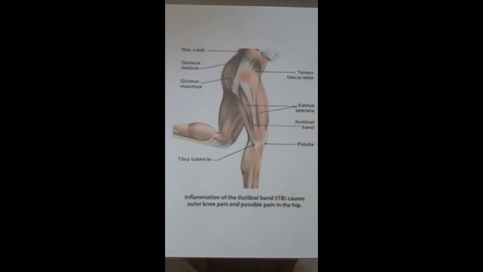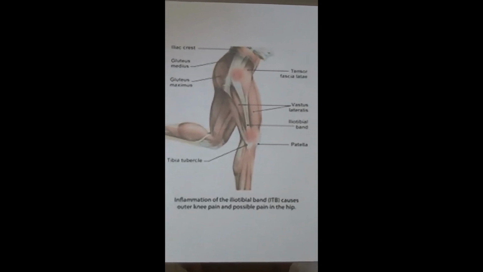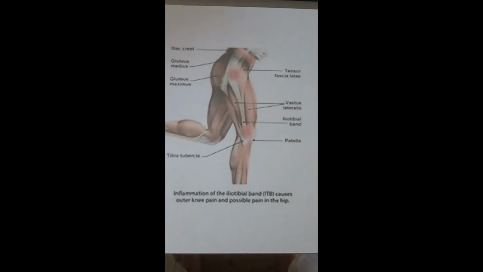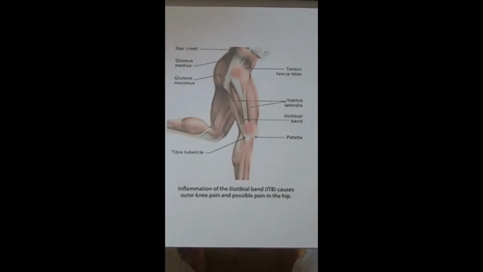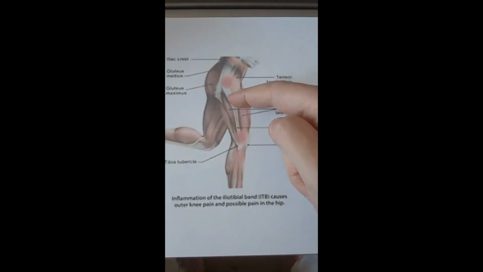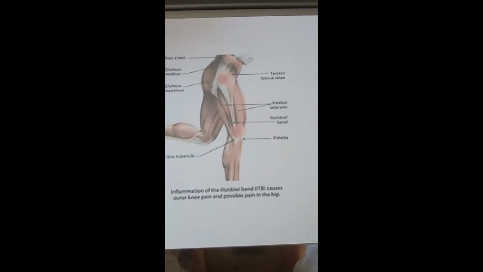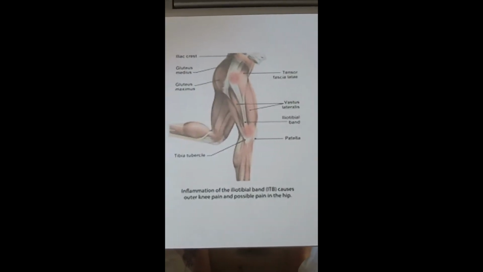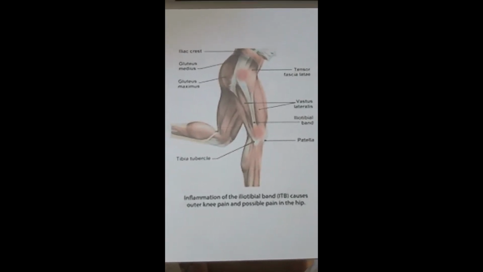Okay, so we're going to look at symptoms now of IT band syndrome. We've talked about pain and inflammation of the IT band, which you can see as this white band coming down here. It can certainly, as we've said, cause outer knee pain, and also possibly pain in the hip as well.